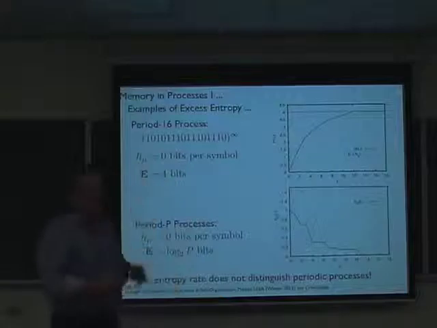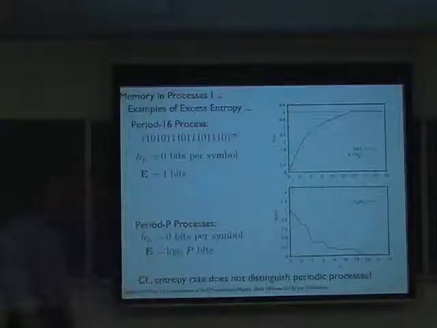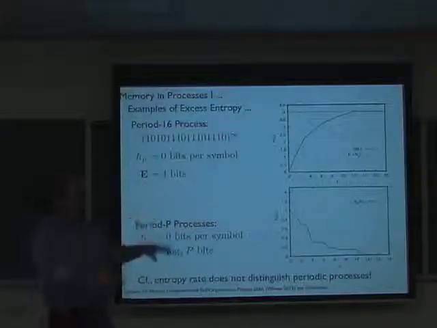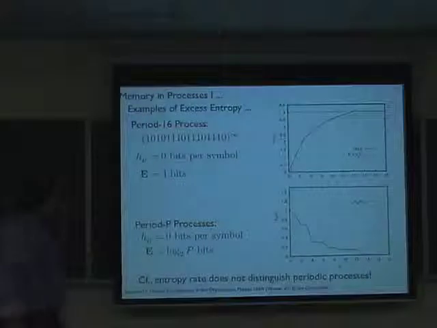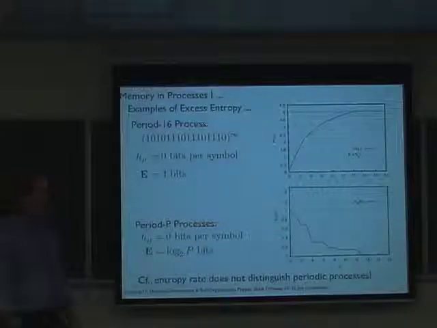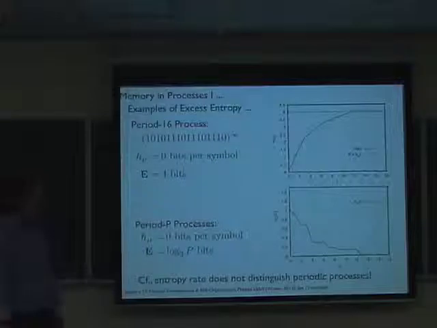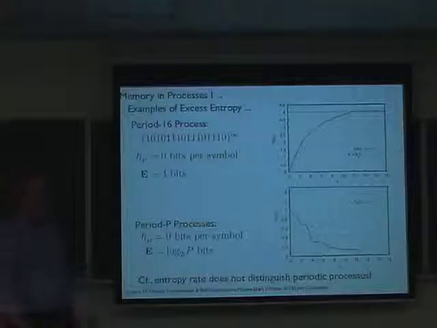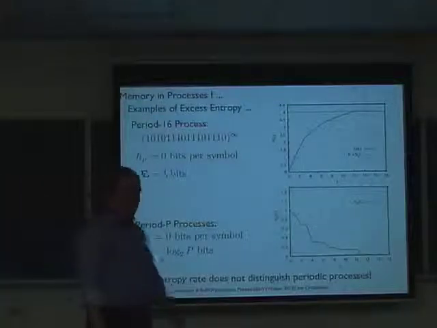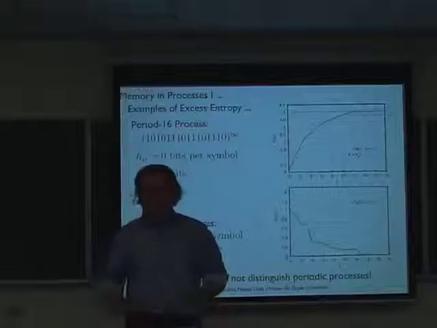Yeah, and the periodic case is kind of nice. It lets you see really clearly without worrying about extra randomness being thrown in. Now, one point about this, we're looking for important properties of stochastic processes. Notice how the entropy rate doesn't distinguish any periodic process from any other. It's 0. So the excess entropy at least is giving us a handle on the periodicity.